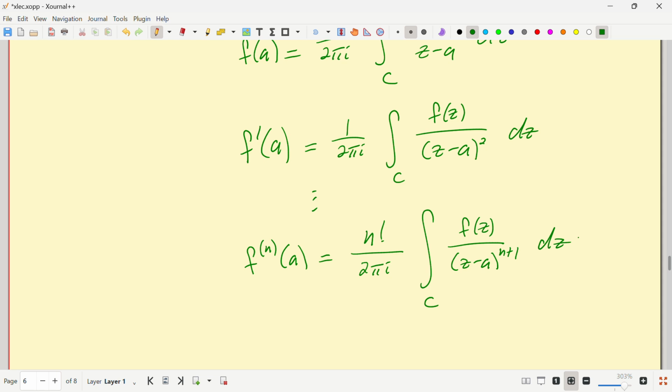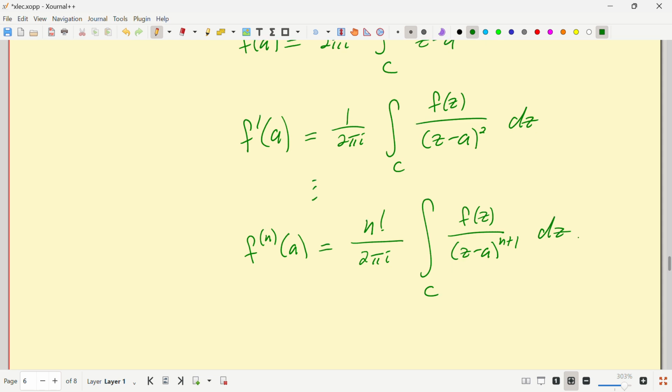And the proof of doing it again and again is very similar to your homework problem 1 calculation.